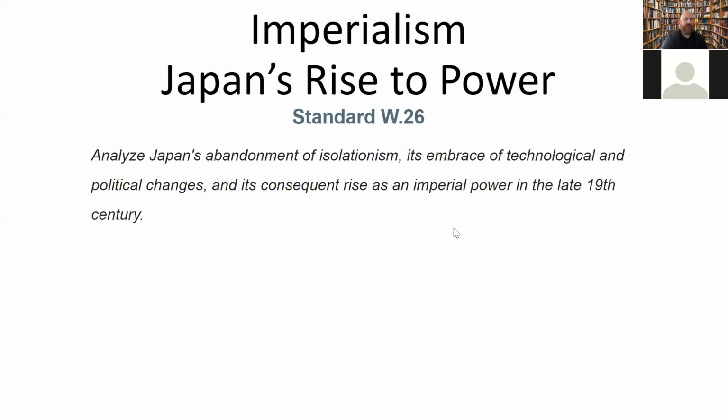All right, so let's talk about Japan, right? For the longest period of time, Japan completely isolated themselves, didn't let anybody in other than Japanese. And then with some governmental political changes, once they realized that these Western powers are being so successful, they figured maybe adopting some of those ways is going to be good for them.